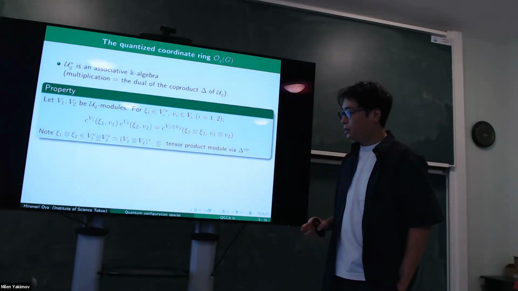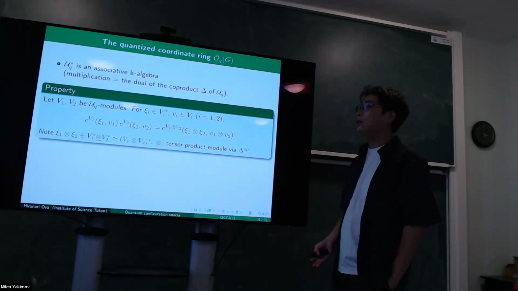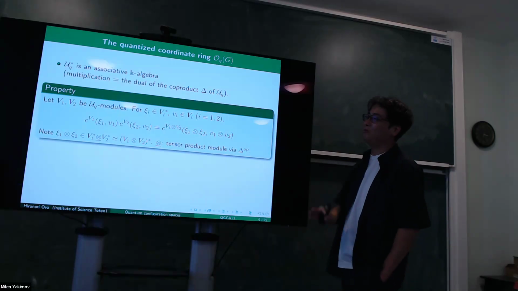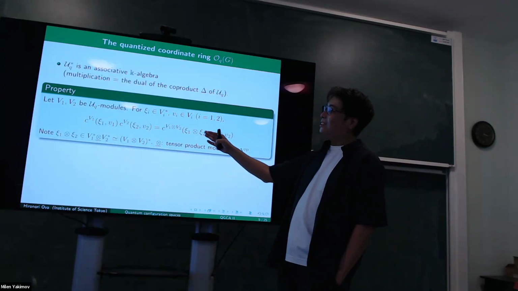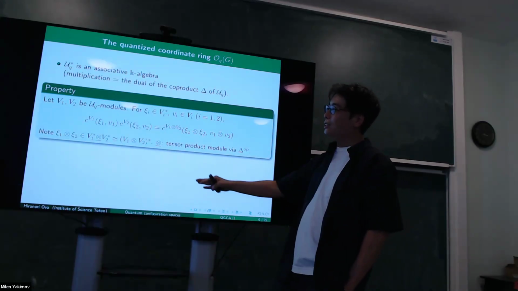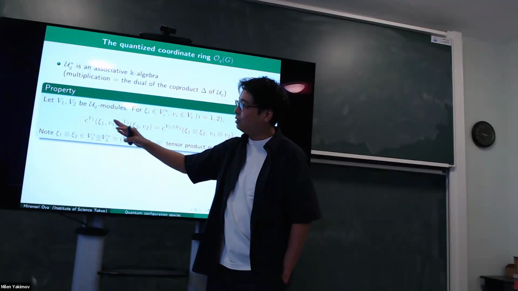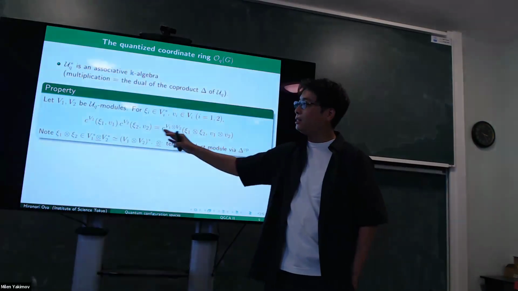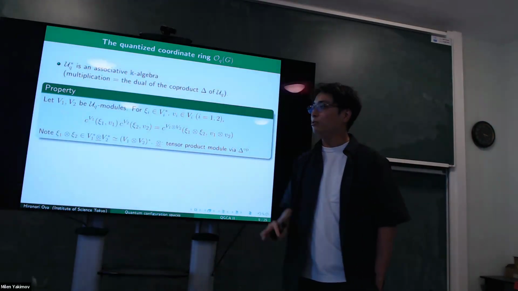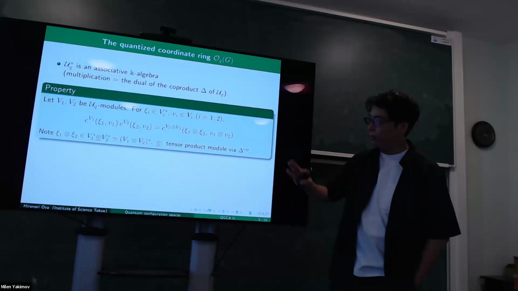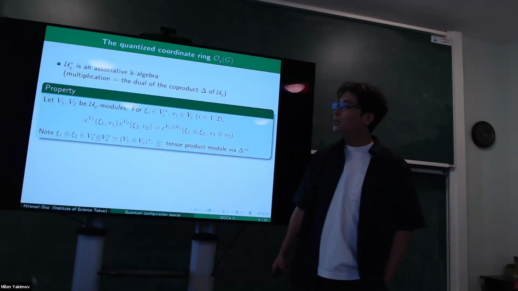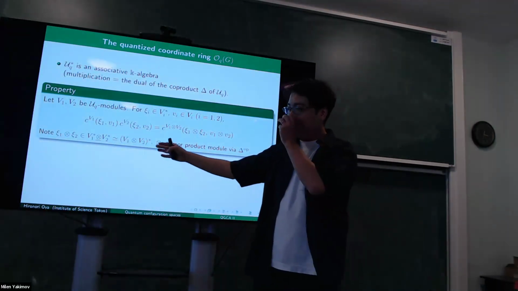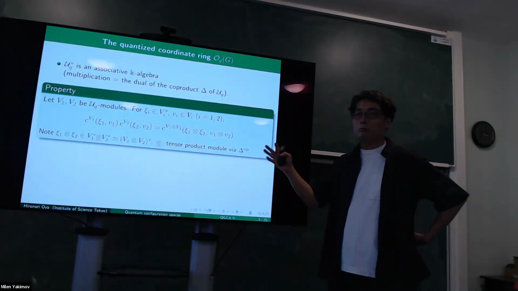I would like to make one small comment, which is technical but important. Here C1 tensor C2 is an element of V1 dual tensor V2 dual, and we regard this as the dual of V1 tensor V2 in a natural way. But unfortunately this is not an isomorphism as a UQ module.